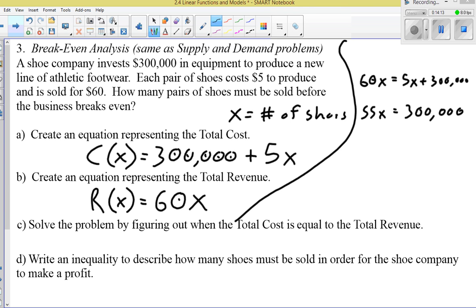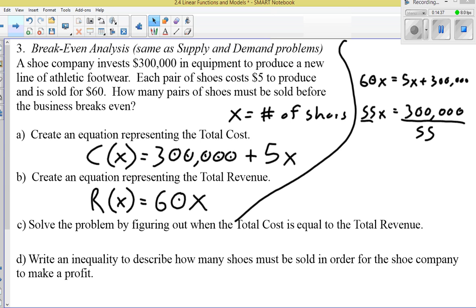300,000. At this point in the equation, you can think to yourself, if they're spending $5 per shoe and they're getting $60, they're making $55 per shoe. So how long is it going to take for them to make up that $300,000 for the factory? Well, we divide that by 55.